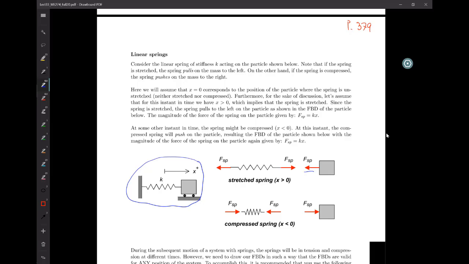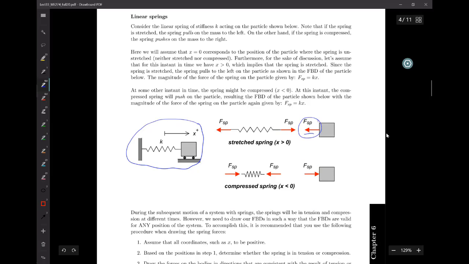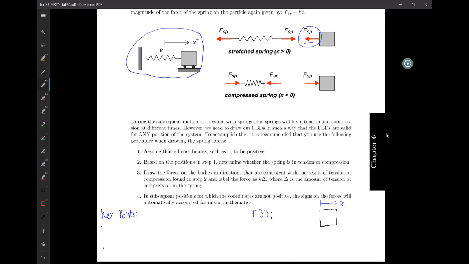What we need to do is to be consistent in the way that we write our equation. What I mean by that, I'm going to show this in a minute, is that we're going to have to take our system, write a free body diagram, and say, okay, I'm going to, and this is a choice, not an assumption, I'm going to choose to write my equations thinking about my spring either in tension or in compression.